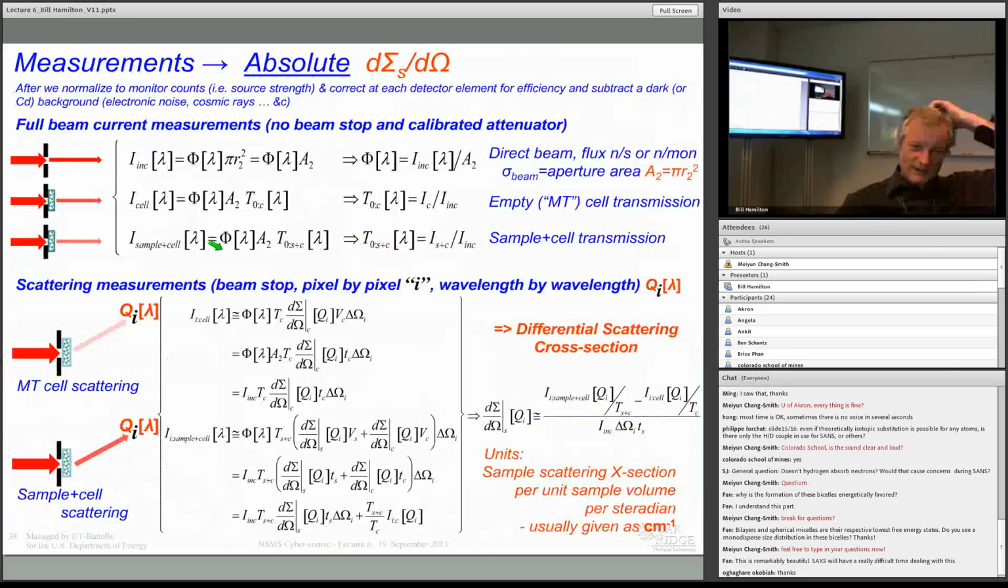So, how do you do a measurement? Horrifyingly enough, one measurement isn't one measurement. It's basically five. The first measurement is that you open up the pinhole of your sample aperture and, using a calibrated attenuator, you dump it on your direct beam. It gives you the direct beam flux, which is neutrons per second, or neutrons per monitor.